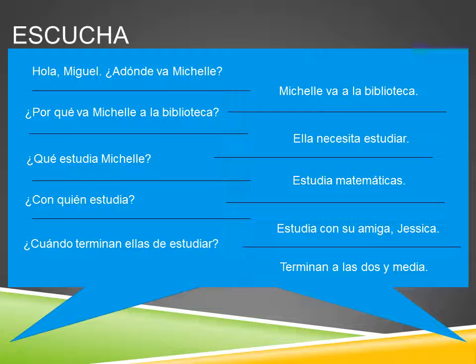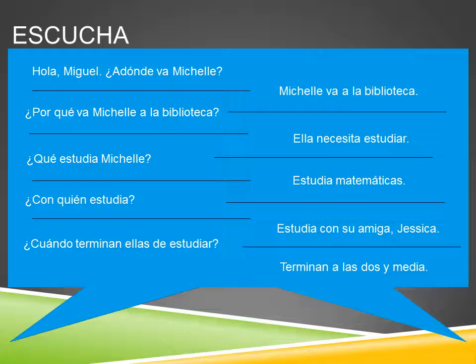So there's your question phrasing using these question words. Notice they almost always are followed immediately by a verb. So it's question word, verb, subject. That's kind of the general structure. So if you look at, for example, the third one, ¿Qué estudia Michelle?